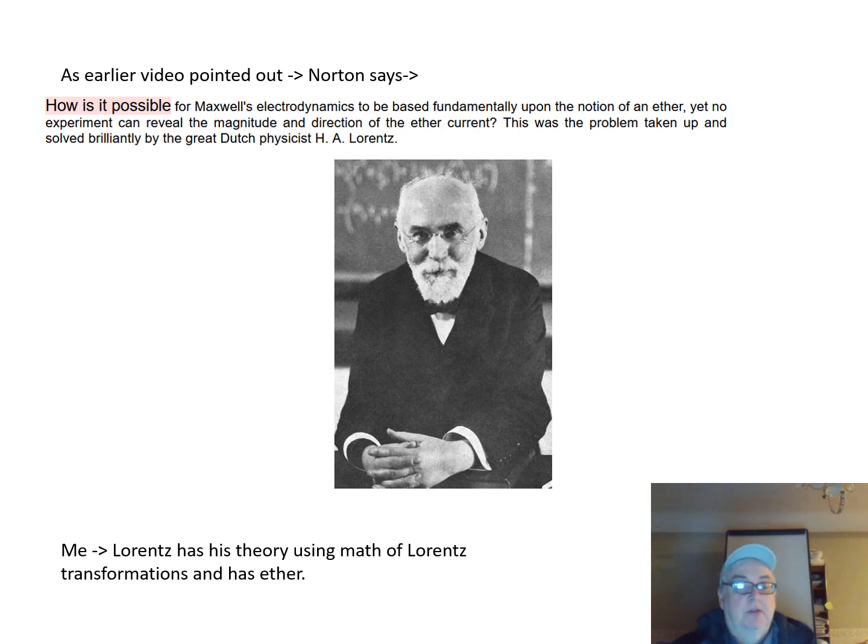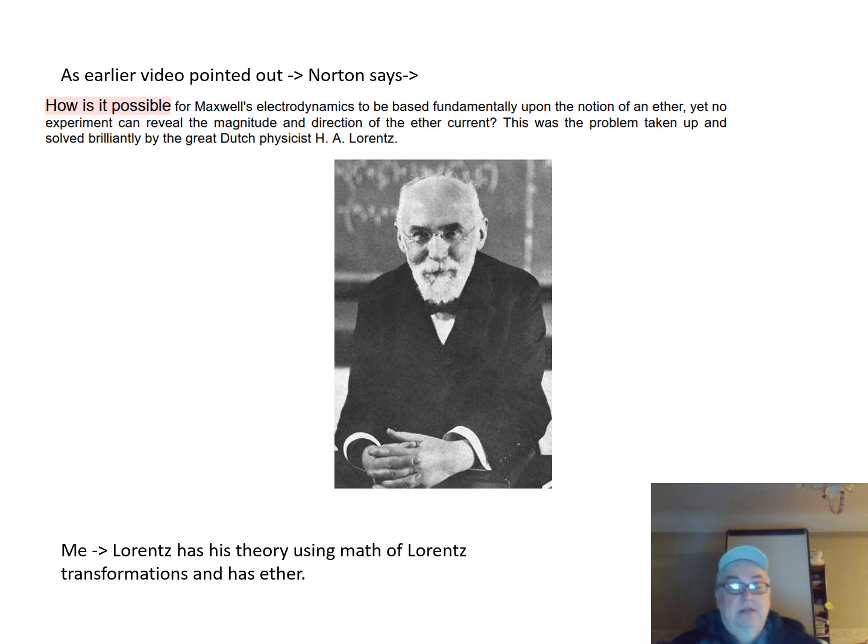And this is a picture of Lorentz, and as earlier pointed out, as per what Norton says about it, the question is, how is it possible for Maxwell's electrodynamics to be based fundamentally upon the notion of an ether, yet no experiment can reveal the magnitude and direction of the ether current? This was the problem taken up and solved brilliantly by Lorentz.